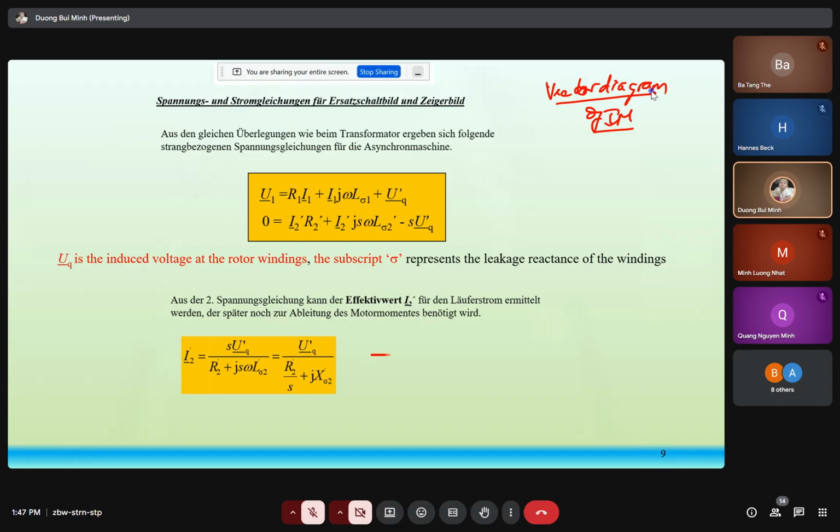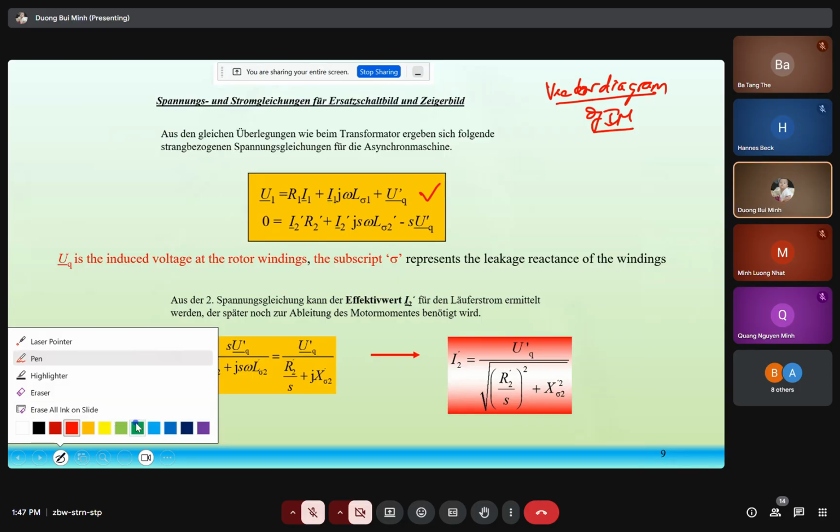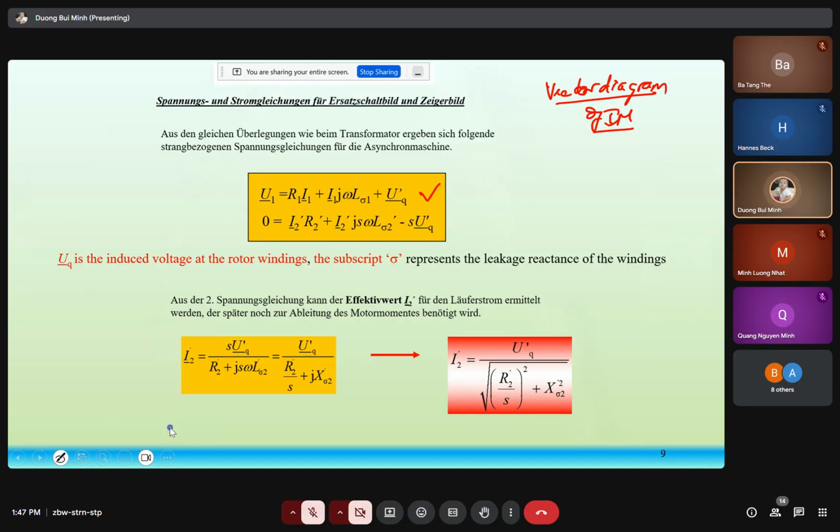So here we have a voltage equation. Maybe I will draw the equivalent circuit for you. This one is R1.